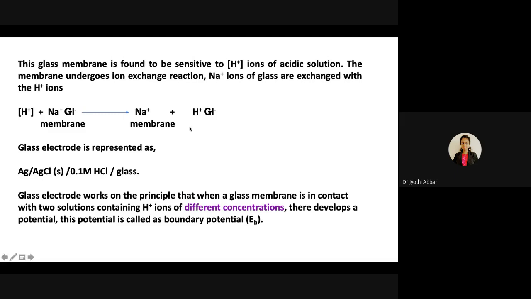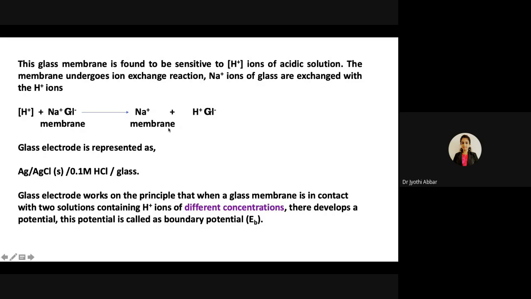So it undergoes an ion exchange reaction: it gives its Na plus ion from the glass and takes the H plus ions from the solution at the surface of the glass membrane.